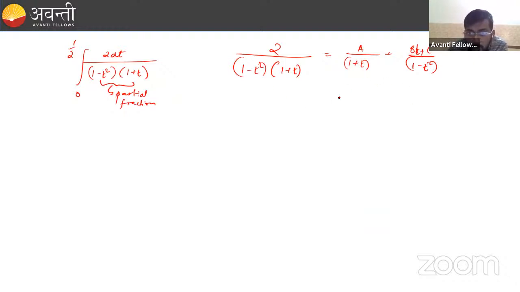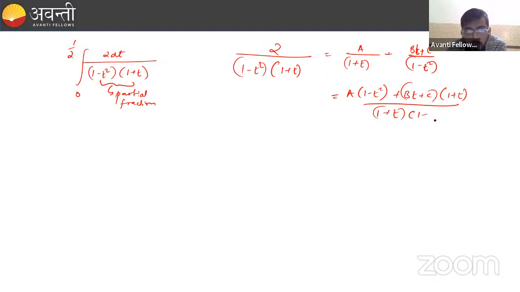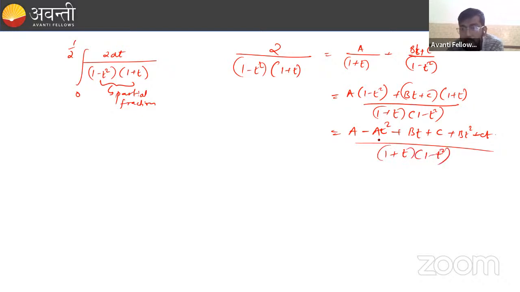So now we'll simplify this, we'll get a into 1 minus t square plus bt plus c into 1 plus t upon 1 plus t into 1 minus t square. So this will get a minus at square plus bt plus c plus bt square plus ct upon 1 plus t into 1 minus t square.